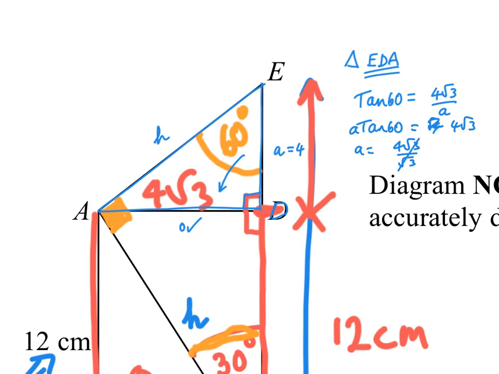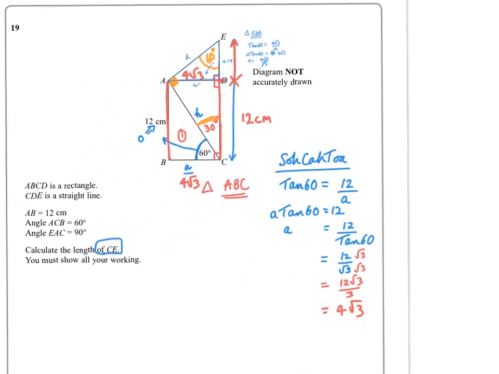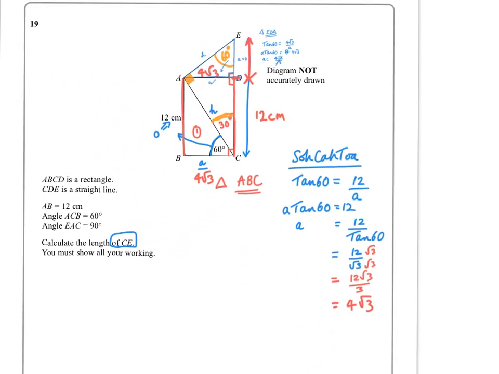So we now know that the length of CE is going to be 12 plus the 4, which is 16 centimetres. So the only thing in this question which is a bit worrying is perhaps that you may have thought of trying to find this length here first.